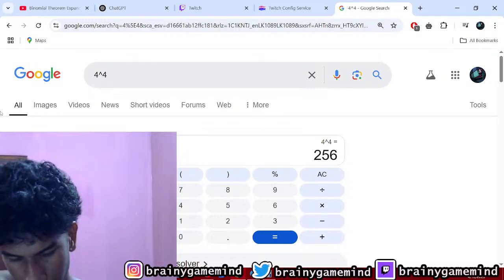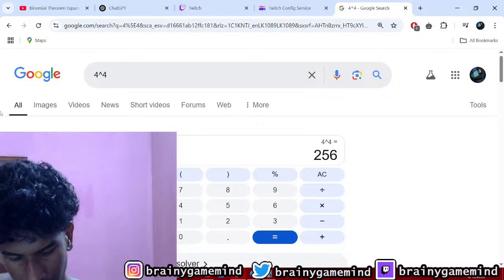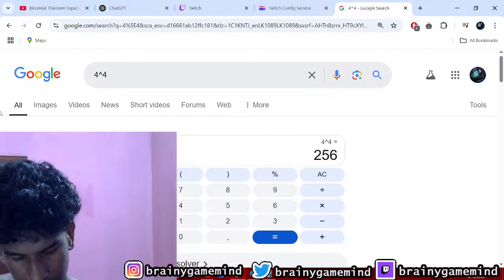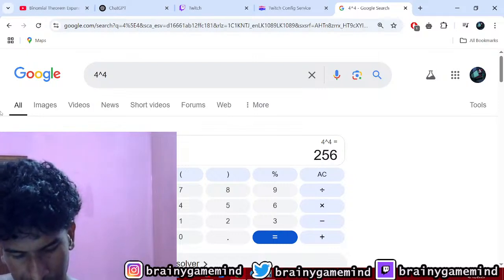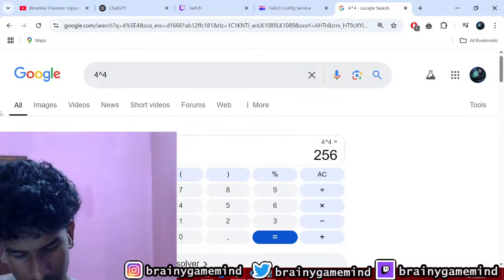Just 2 factorial. 6 times 5 times 4 factorial divided by 4 factorial times 2 factorial. Boom, boom. 6 times 5 divided by 1 times 2 times 1. That's 15.